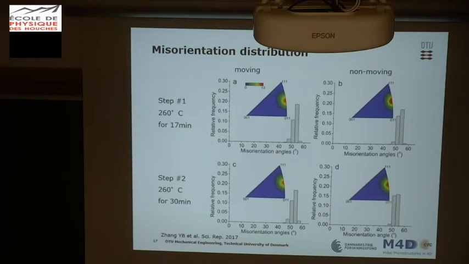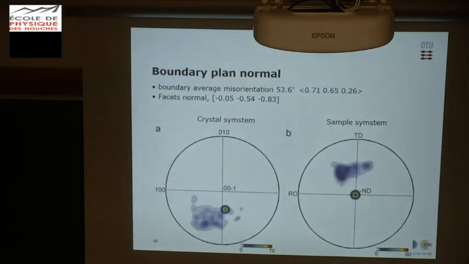So there is not much difference between the moving ones and non-moving ones. The only difference we can see is that the boundary plane normal is different. Of course, for a facet, we have a sharp peak here, but the diffuse cloud is from the curved part.